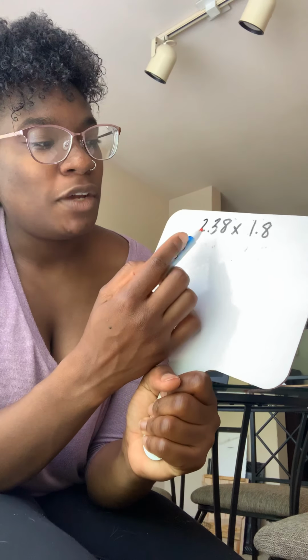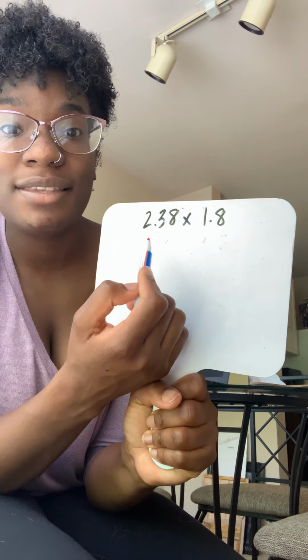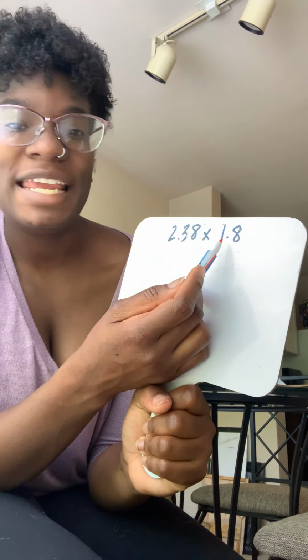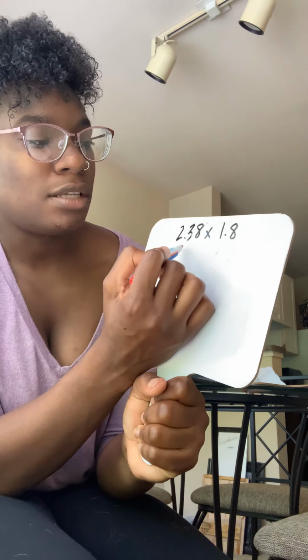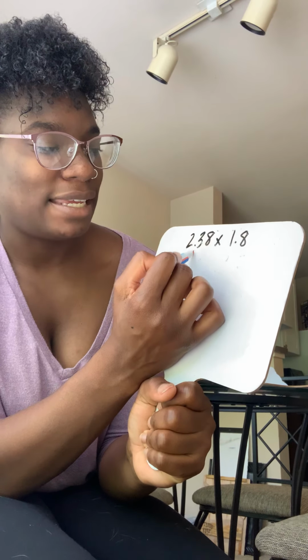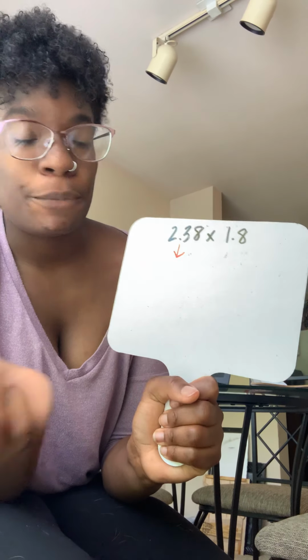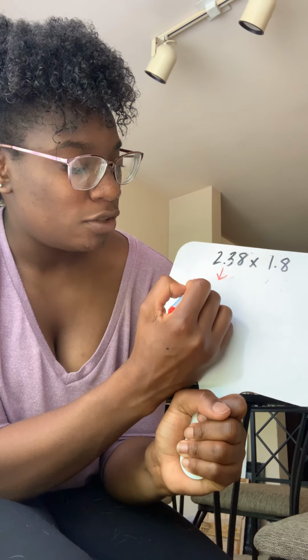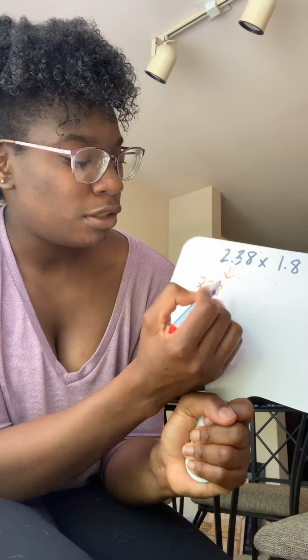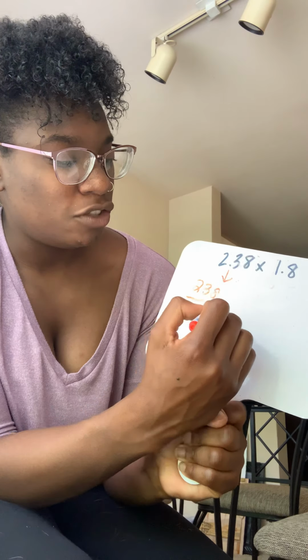Here we've got 2 and 38 hundredths times 1 and 8 tenths. Okay, so let's go ahead and write that as a fraction. 2 and 38 hundredths. So we know we've got 238 hundredths.